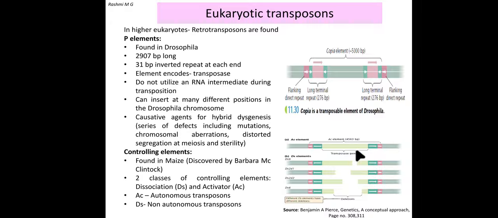Ac has all the apparatus needed for transposition. So Ds will take help from Ac in order to get transposed. Ac is known as an autonomous transposon, as it can move and synthesize its own transposase enzyme. Ds is non-autonomous; it can't move as it doesn't have the transposase gene.